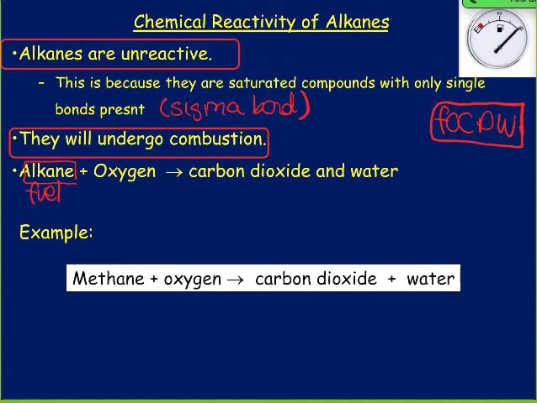So formula for methane plus formula for oxygen, arrow to the right, carbon dioxide formula, water formula. You then go back onto your left hand side and you are going to leave balancing oxygen until last. And what you want to look at is, do I have the same number of carbons on both sides? So CO2 plus H2O.